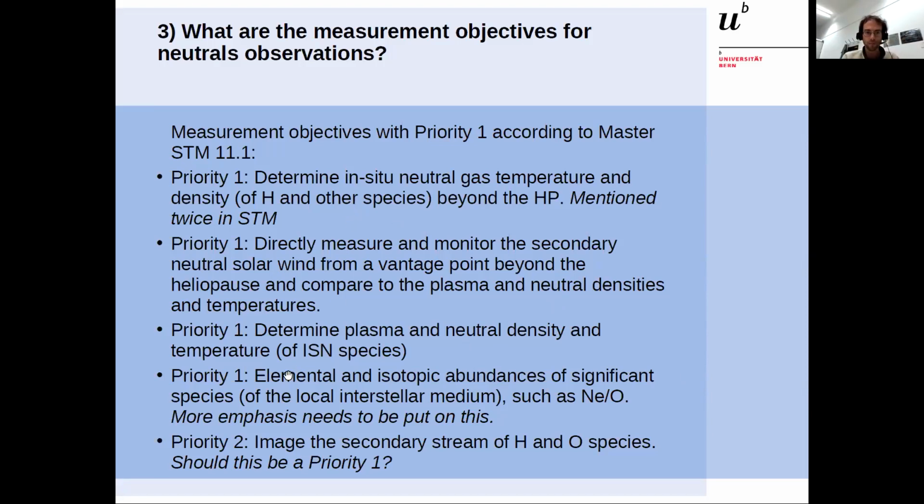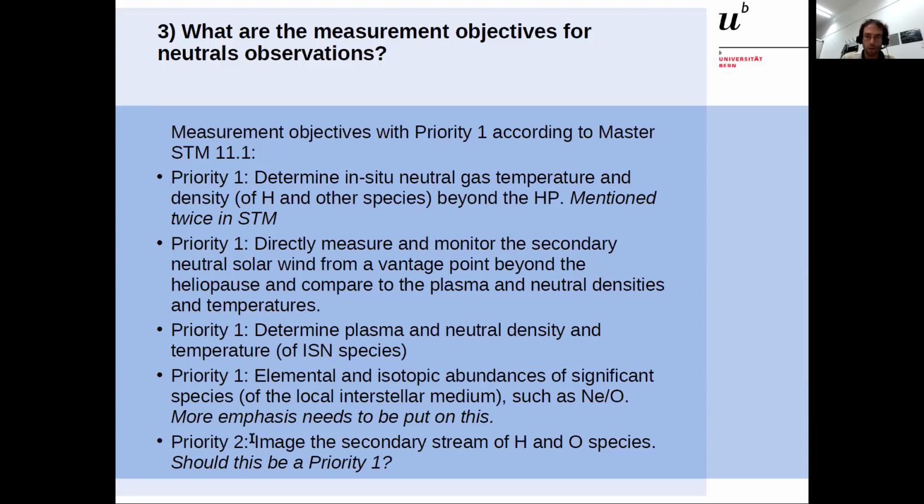But when we talk about measuring isotopic abundances of the dominant species, but also of rather rare interstellar neutral species, this is really something that only the interstellar probe can do over the next 50 years.